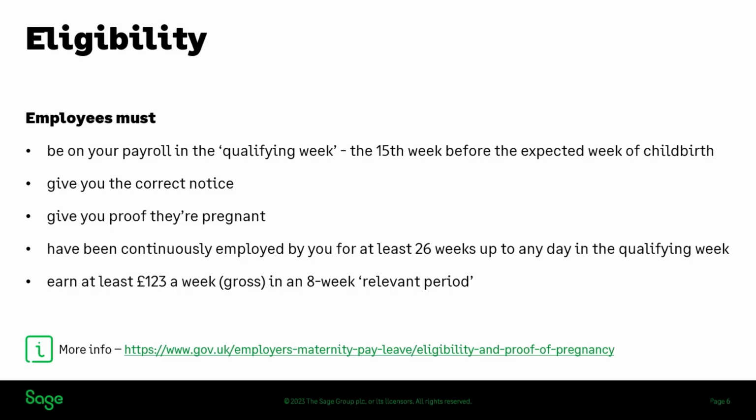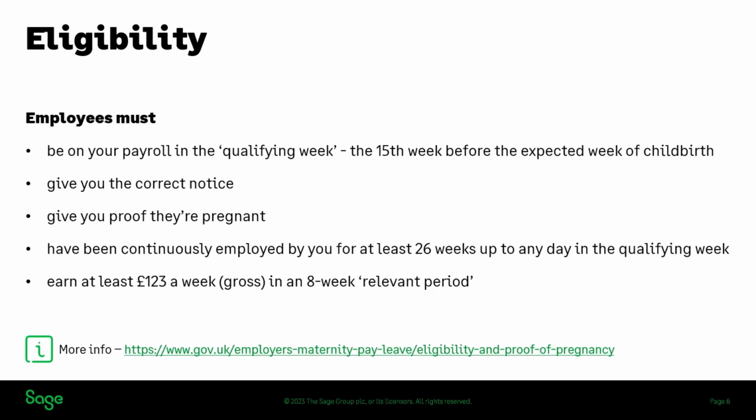They need to give you the correct notice. They need to provide proof that they're pregnant, which is usually the MAT-B1 certificate. And they need to have been continuously employed by you for at least 26 weeks up to and into the qualifying week. They must also earn at least £123 per week in the 8-week relevant period, and that's the period that leads up to the qualifying week.